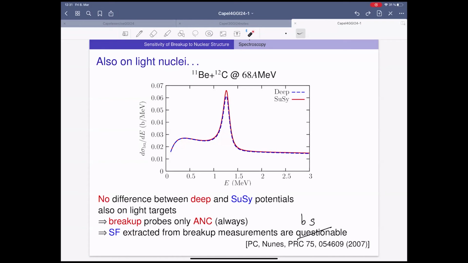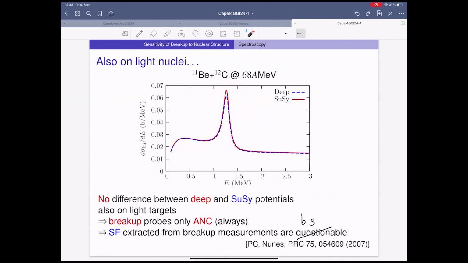Yeah, A+1. Yes, in this case, but once again it will depend on how the resonance looks.